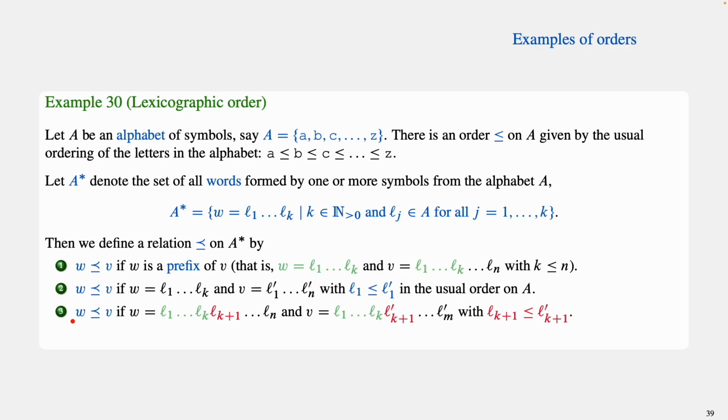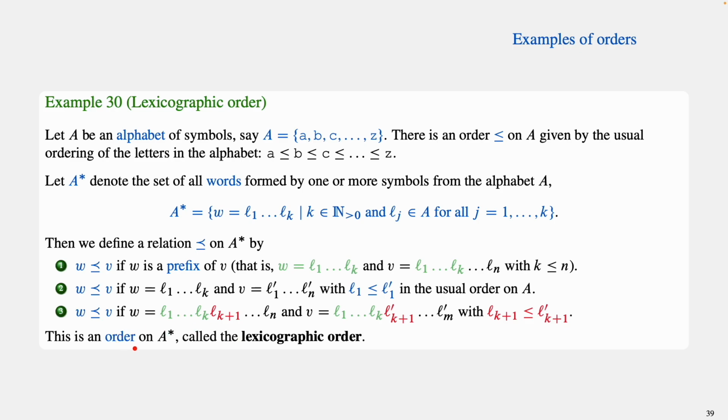Now it could be that even though W is not a prefix of V, they share some common letters in the beginning of the word. So in that case, we just go to the first letter, let's say LK plus 1, that is not identical in W and V. And then we say W is less or equal V if the first distinct letter in W is less or equal the corresponding letter in V. So this is a bit complicated to write down, but it's actually exactly what you do when looking up words in a dictionary.